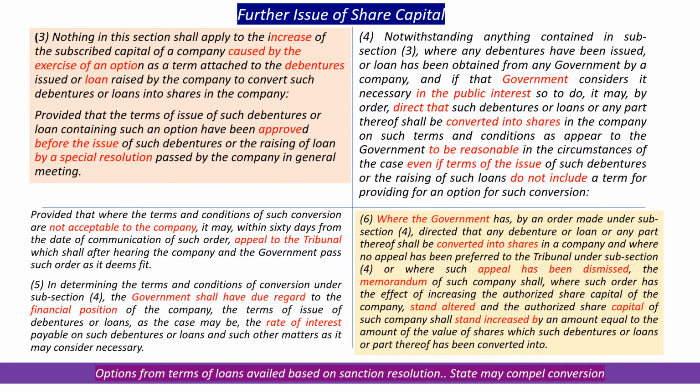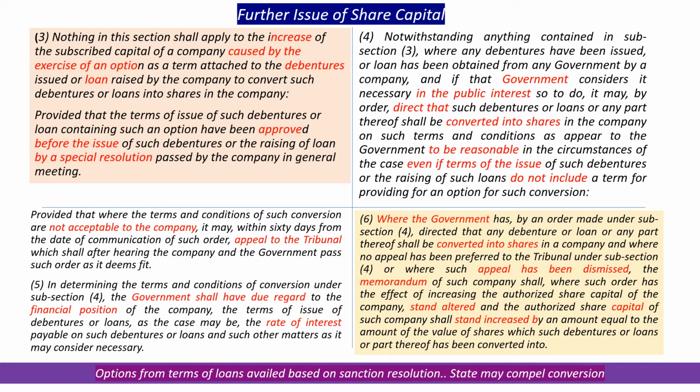Suffice to say, this whole issue talks of further issue of share capital. It can be done only to existing shareholders, absolutely no problem. But if there is an existing debenture or loan raised with a condition of conversion, that prevails. Second, government also can step in and order conversion of certain loans or assistance given to the company on terms it finds essential, keeping in mind the financial status of the company.